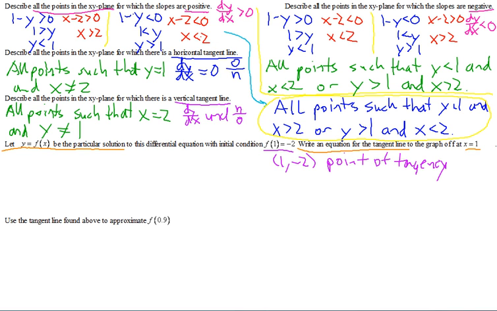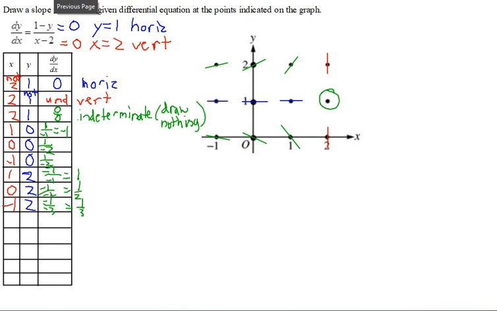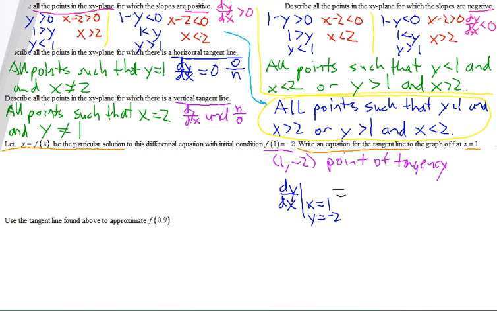And then the slope comes from the derivative. That just comes from dy dx, substituting x equals 1, y equals -2. Now sometimes you might have already found it when you graph the slope field, 1, -2, but in this case that's not one of the points we found the slope of. So you just have to substitute those into the derivative.